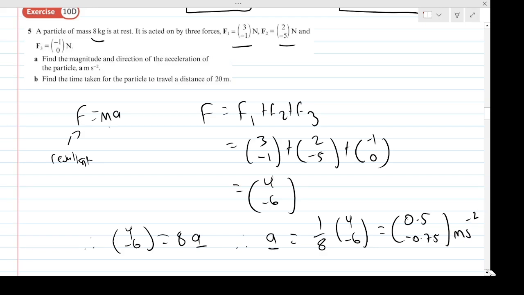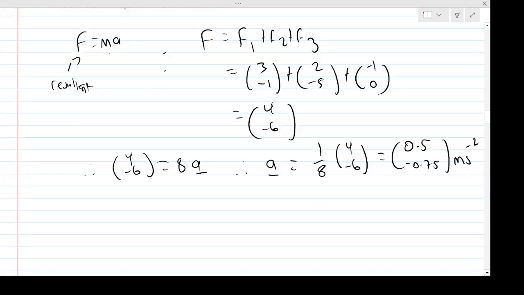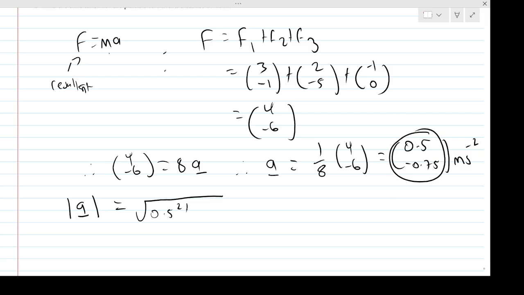But it didn't ask for the acceleration per se, it asked for the magnitude and the direction. So firstly, the magnitude, that's going to be the length of the vector. So this is the magnitude, these two bars, which is the root of the two components squared. So 0.5 squared add minus 0.75 all squared, and so that will be root 13 over 4.